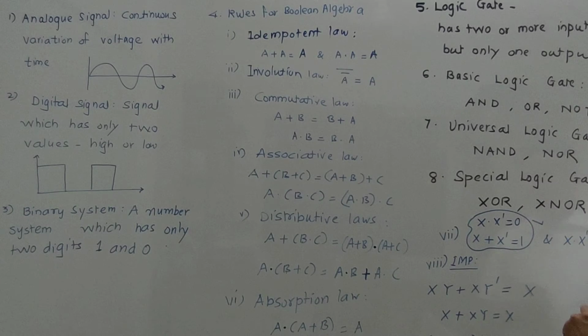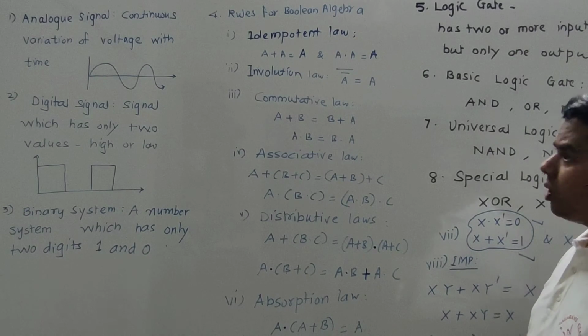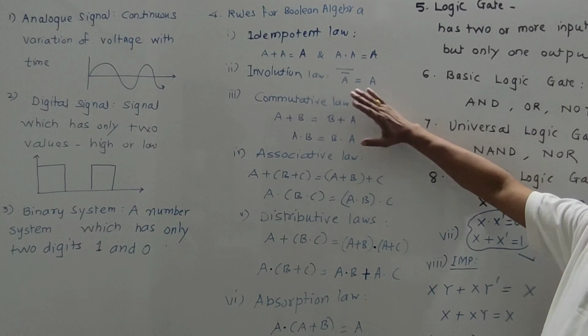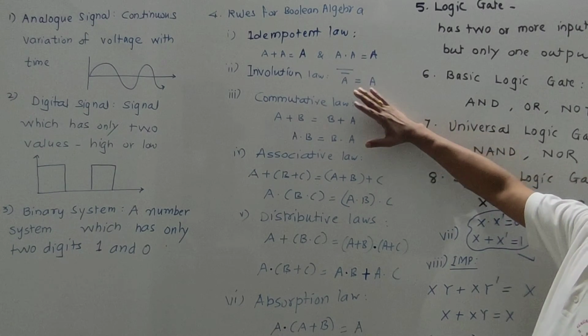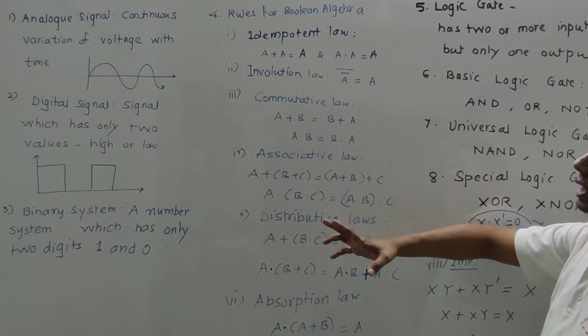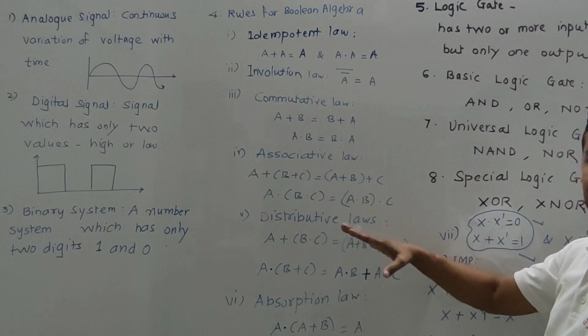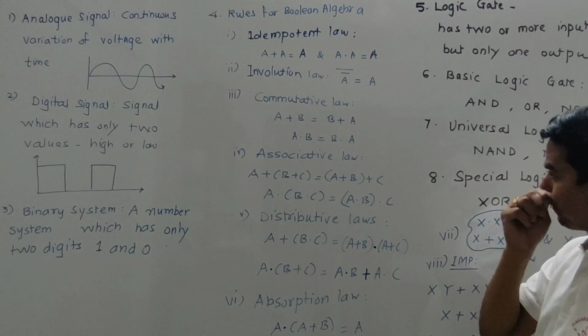X and X complement is 0, X or X complement is 1. So for solving problems of logic gates, you have to go through all these rules and learn them properly. It is my kind suggestion to write down all these formulae at least 10 times and try to memorize them.